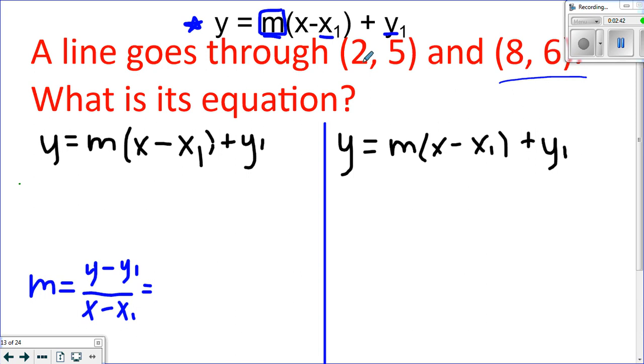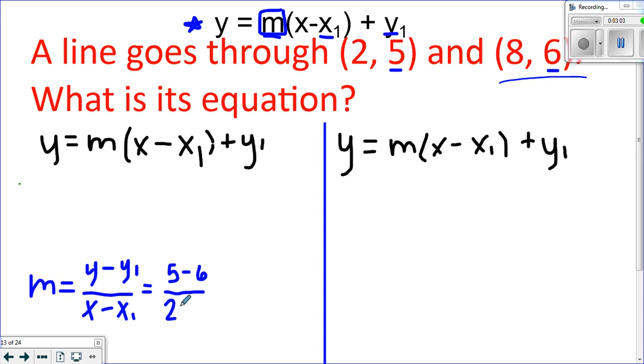We have the information we need for that. We have 2 ordered pairs. So I could do 5 minus 6, right? Those are my y values. Make sure, again, that you're using your rise or your y values on the top. Well, if I used 5 first, then I'm going to need to use my 2 first for my x's, right?